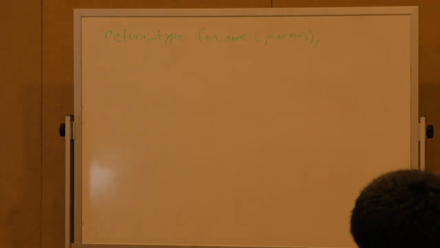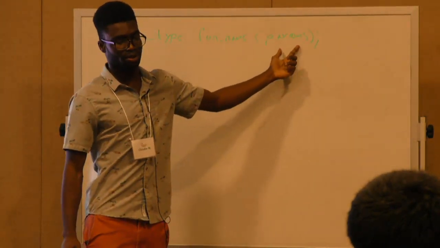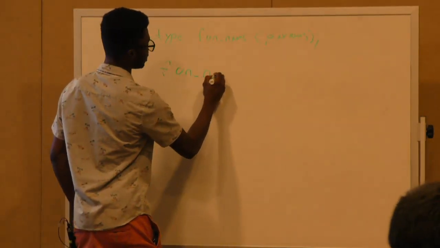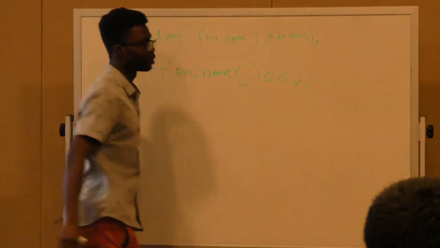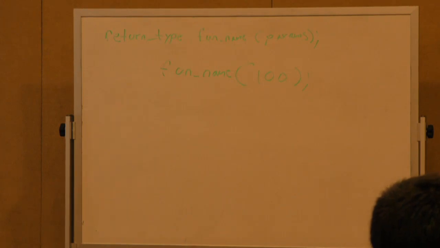The parameter is what you're telling your function that you're going to use. So the argument, so along the lines of fun name, the argument is actually what you pass when you call your function. So the parameters is telling the function what to expect. The argument is actually what you're giving it.